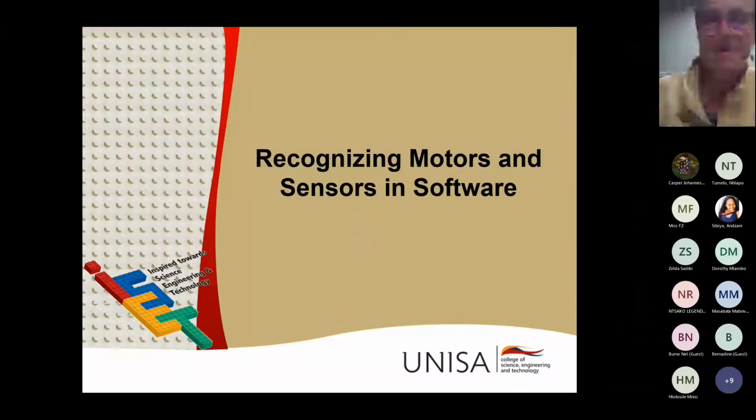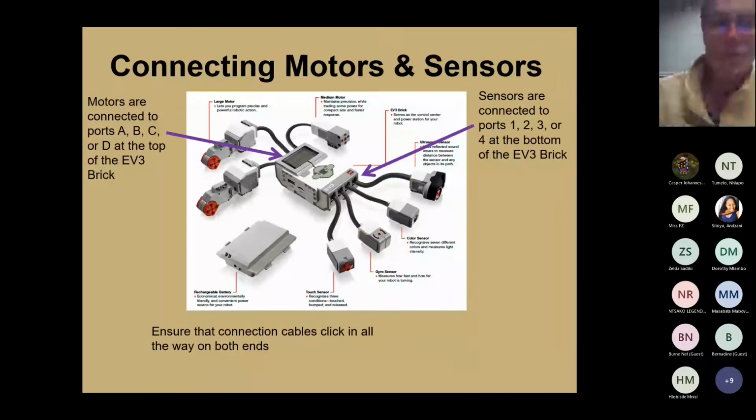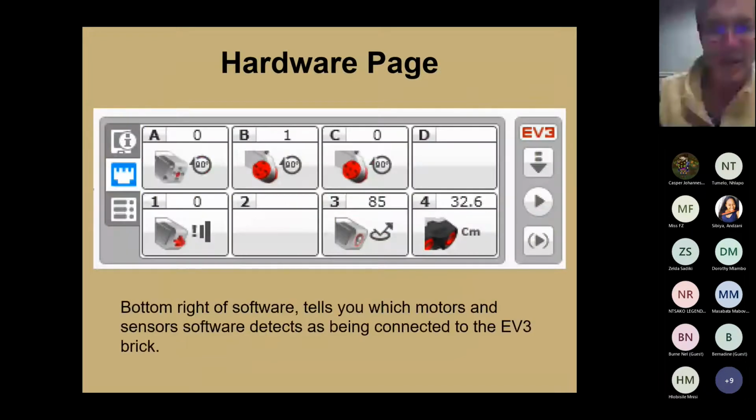Okay. So recognizing the motor and sensors in the software. Again, remember I said to you last time, over here we've got the motors, that's the output, and over here we've got the sensors, that's the input. The wires actually need to click in. So then when you program at the bottom right-hand side, it'll say port A has got a medium motor, port B has got a large motor, and port C has got a large motor.